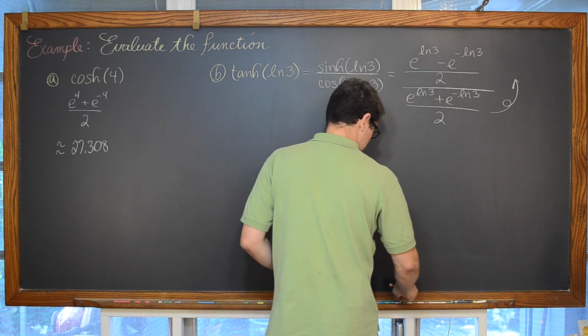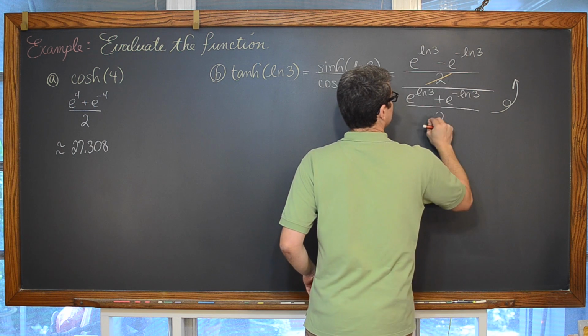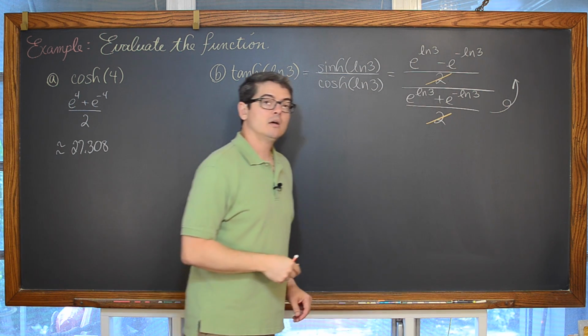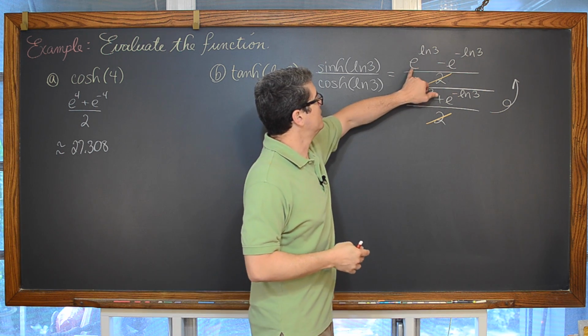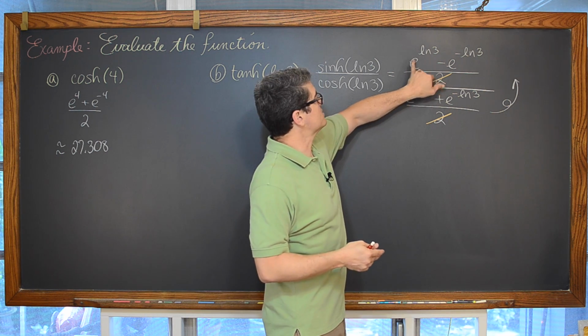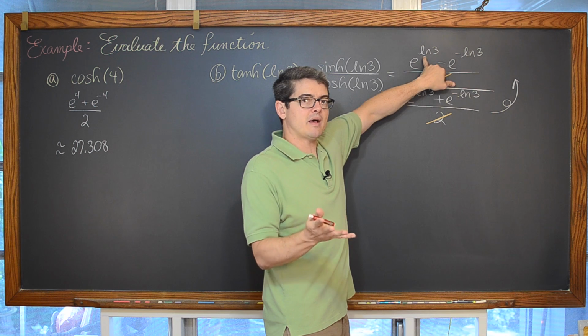Now that we're in calculus, we're going to just allow these common denominators to cancel out, and continuing to clean this up, we know that the natural exponential function and the natural log function are inverse math operations.